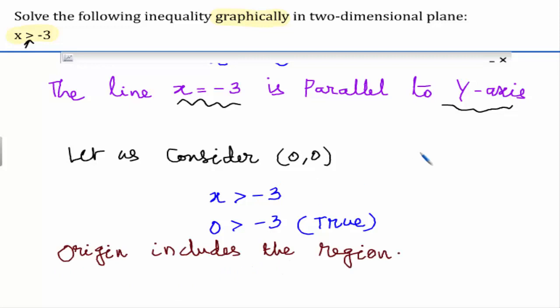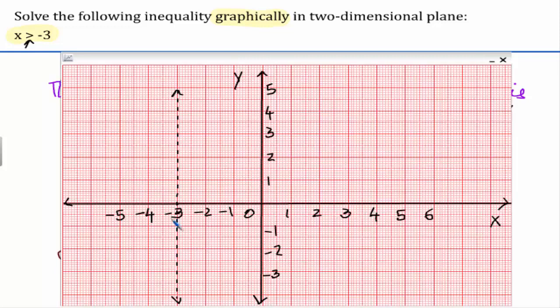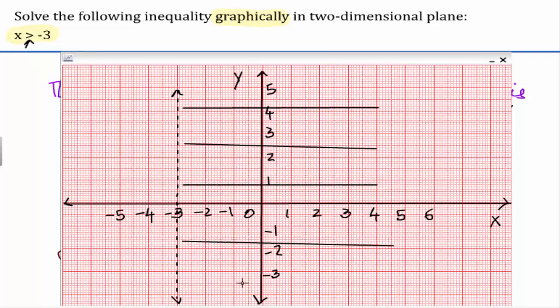So therefore the origin includes the region. So the line should be towards this. Let us draw that now. So towards this side, all the points will satisfy the given inequality, that is x greater than minus 3.